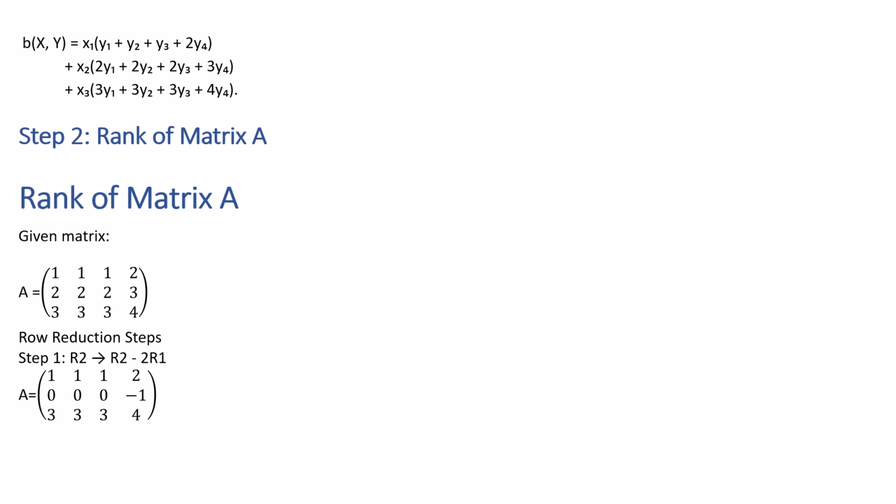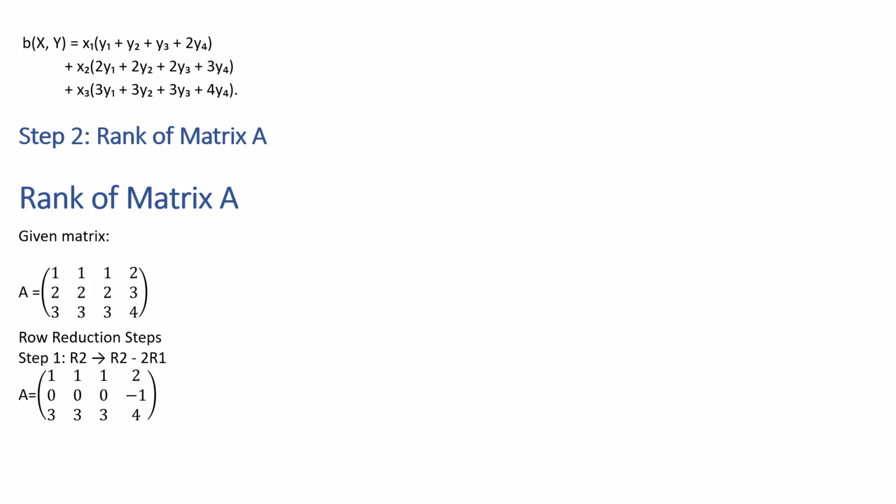Now to do that, we want to make the second row on column 1 to be 0, and reduce the third row to 0 also. So you will have your new row 2 to be row 2 minus 2 row 1, because you have 2 in your row 2.